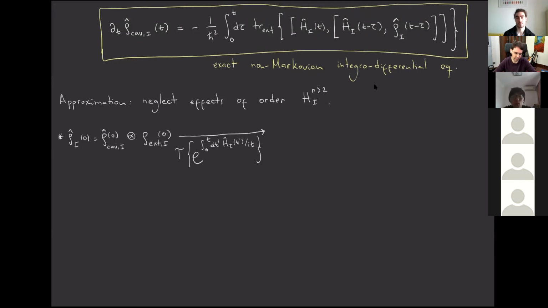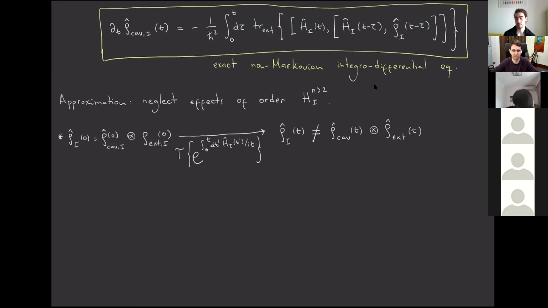All I'm saying is that if you want to evaluate the state at some time t, you have to apply the time evolution operator, and the time evolution operator will induce the generation of a new state that now has correlations between the system and the environment, between the cavity and the external modes. So what I mean is that this state is not of this type. So it's not the state of the cavity at time t times the state of the external field at time t.